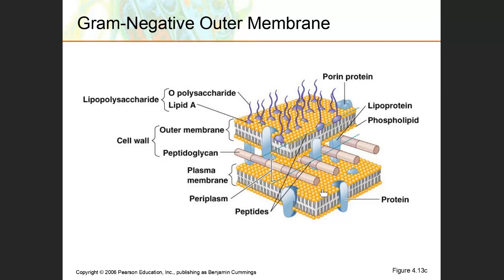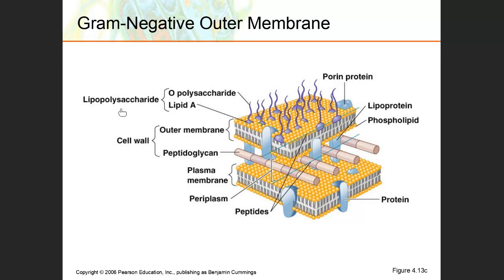So gram-negatives have a double membrane. As I said, that double membrane provides some protection from the immune system as well as from certain antibiotics. But that outer membrane is also somewhat toxic.